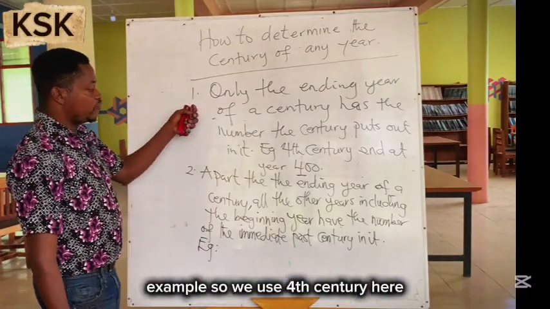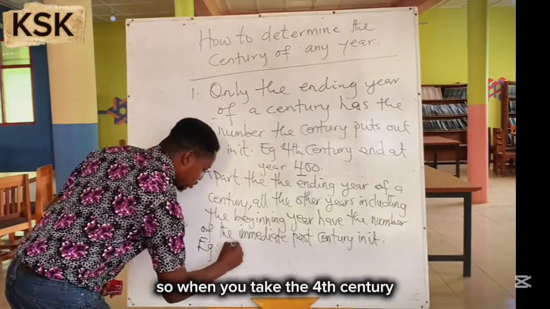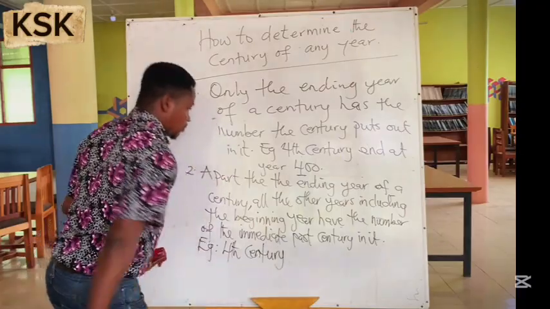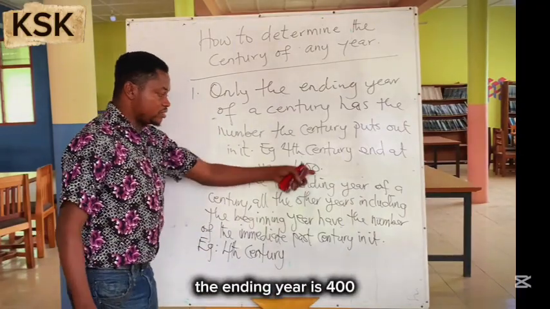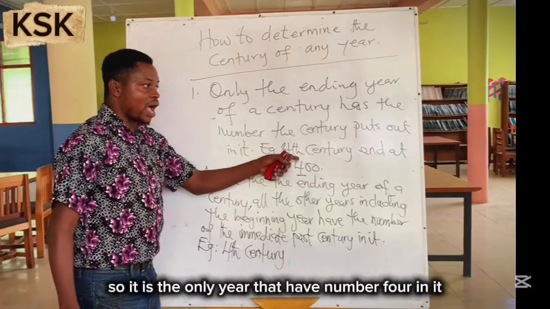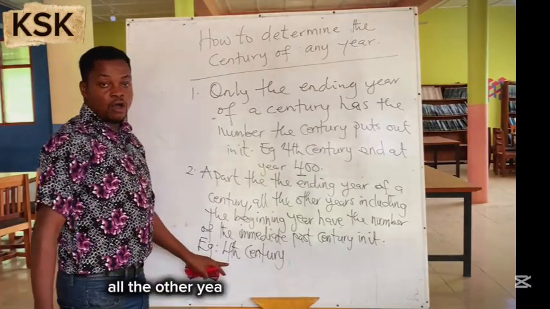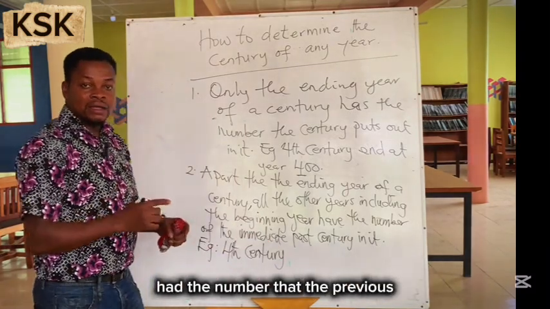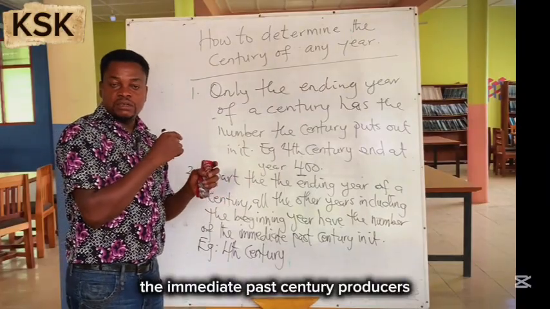Example, so let's use the 4th century here. When you take the 4th century, the ending year is 400, so it is the only year that has the number 4 in it. All the other years, including the beginning year, have the number that the immediate past century produces.